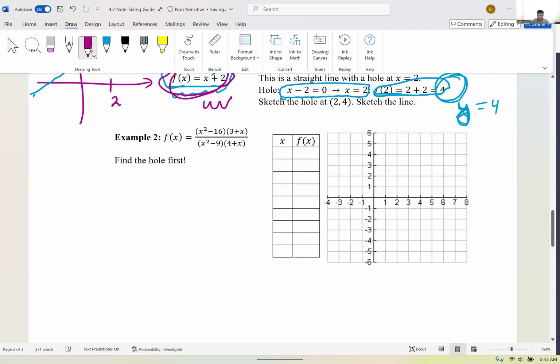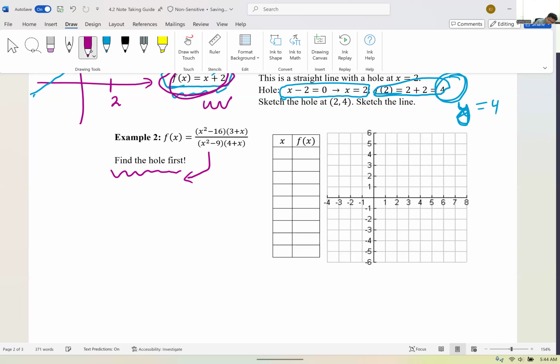Okay. Moving on. Another example with more number of factors. So to sketch this, first we'll find a hole. And that happens when the factors in the numerator and denominator cancel.